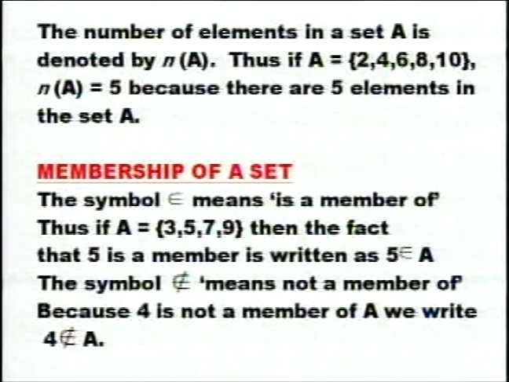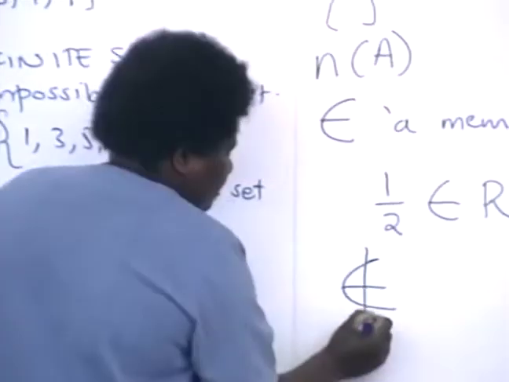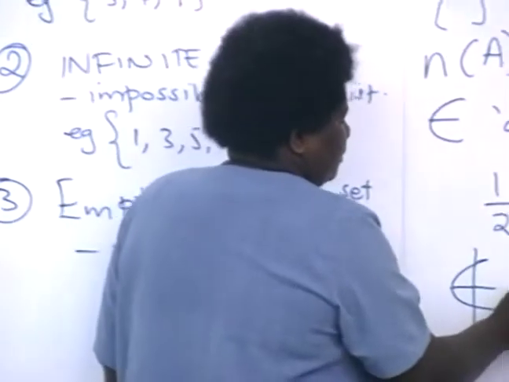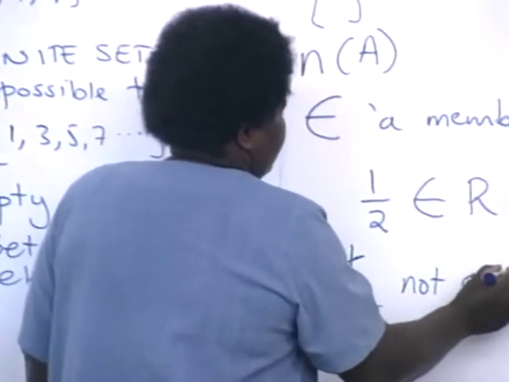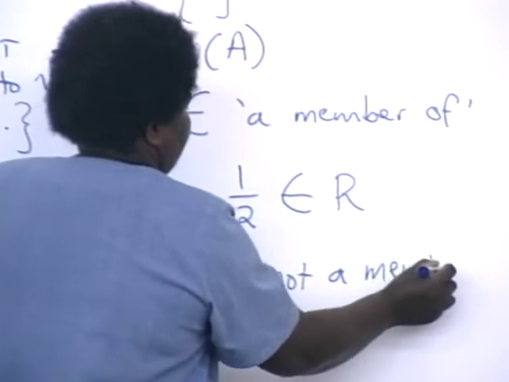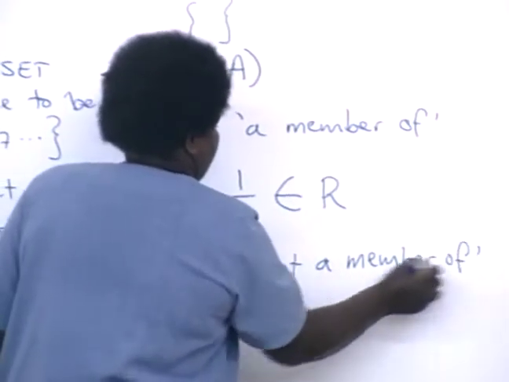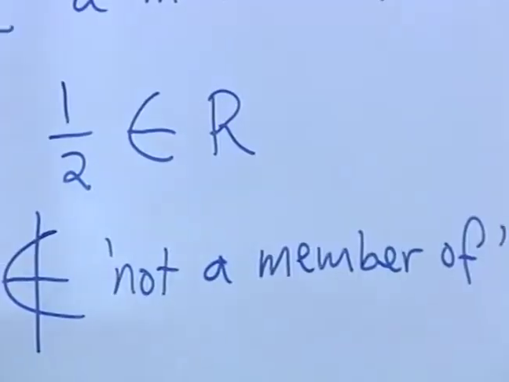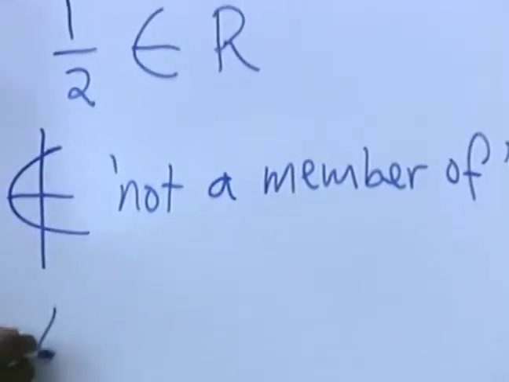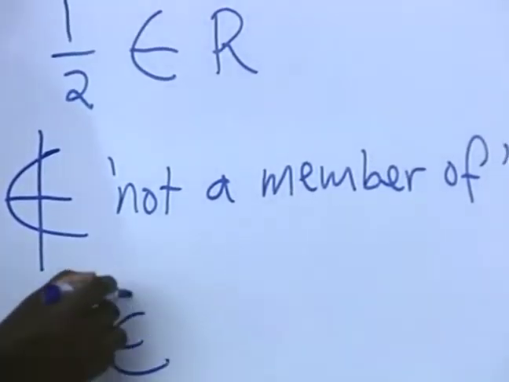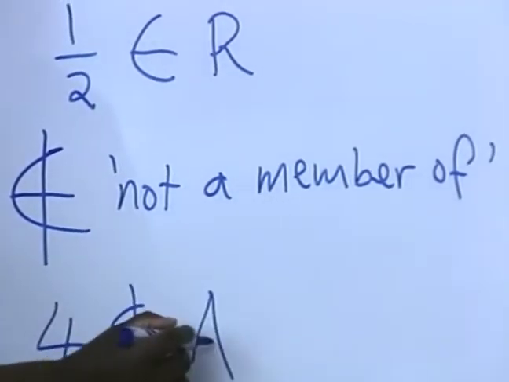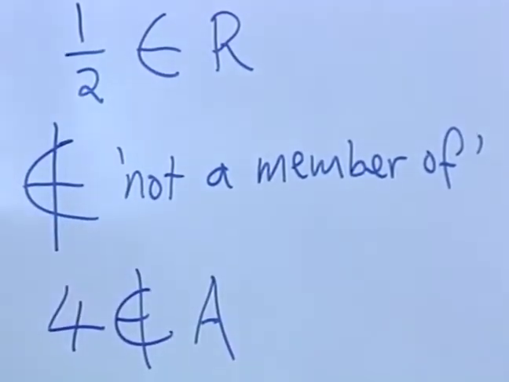So because 4 is not a member of A, which is this set, we write it as 4 is not a member of A. This means not a member of. Which means for the set that is on the screen, 4 is not a member of the set A.